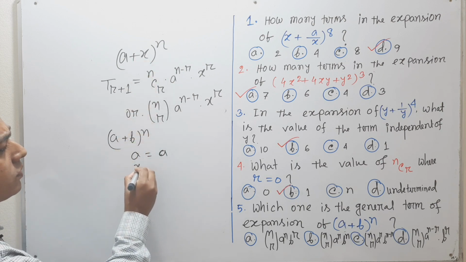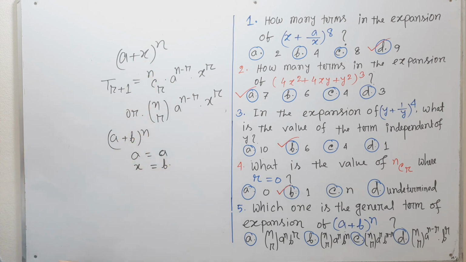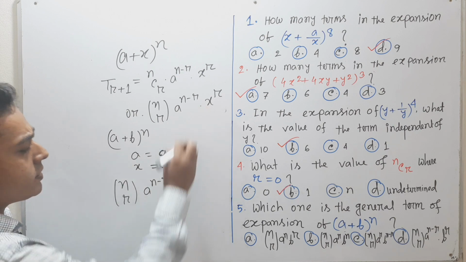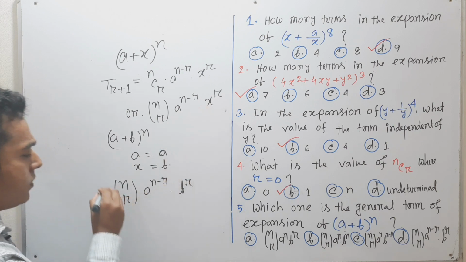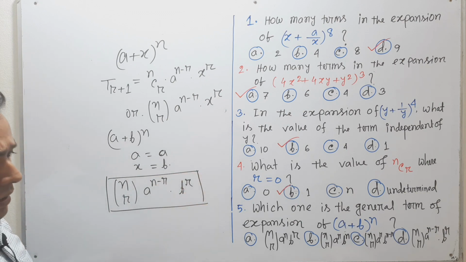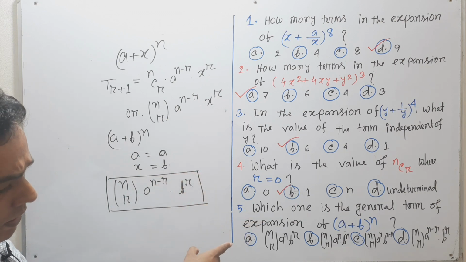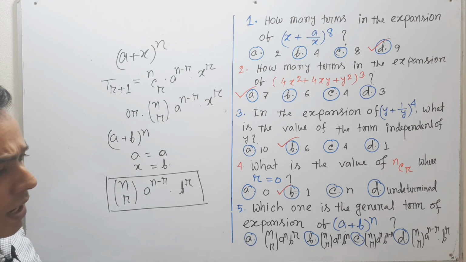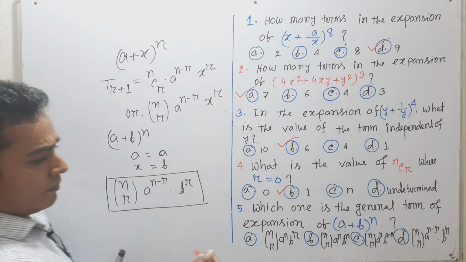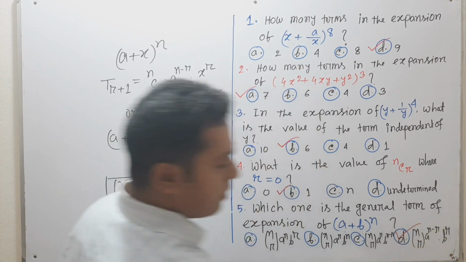So nCr, here a is a, so a to the power n minus r, and x is b, b to the power r. So this is our right answer of the general term. From options a, b, c and d, our right option is d. Okay, dear students, this is our today's class.